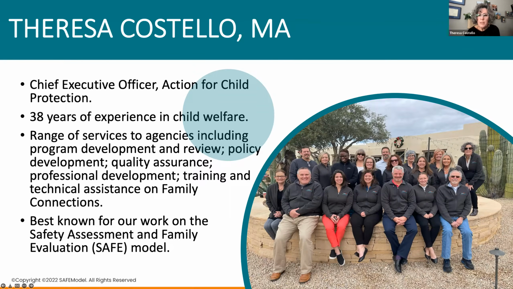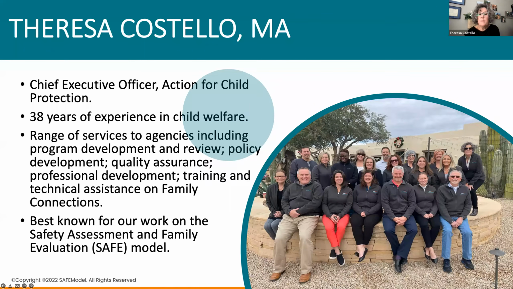So a little bit about me and Action. I've been in the business for 38 years. Action was formed in 1984, and we are a nonprofit organization, and we do a lot of things, including program development, policy work. We do quality assurance. We do a lot of training. We, in particular, provide technical assistance and training on family connections, which is an evidence-based practice.